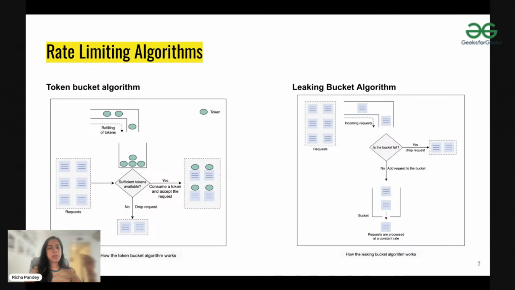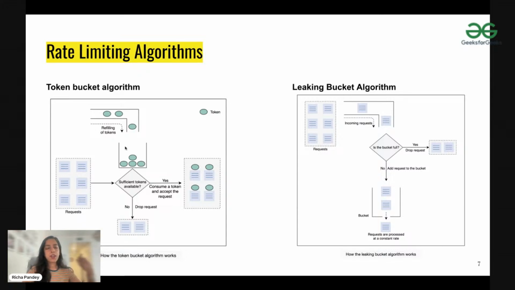Again, when the second request comes in, it will take another token away. After that, there will be just two tokens remaining in the bucket. That will mean that only two more requests can be handled at that point of time. So this is how the token system works. We also want to refill the tokens at a given frequency.